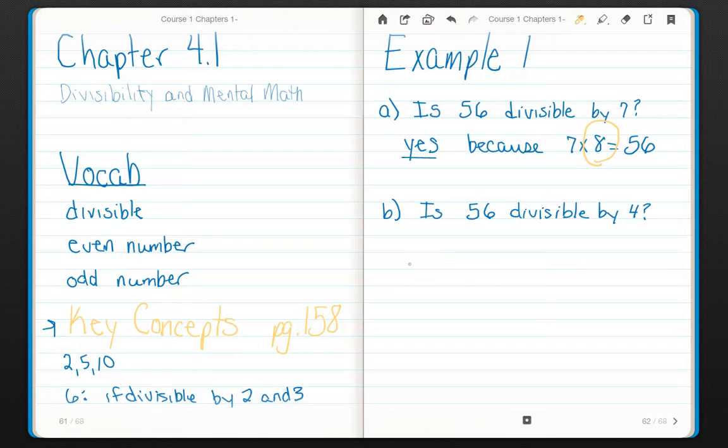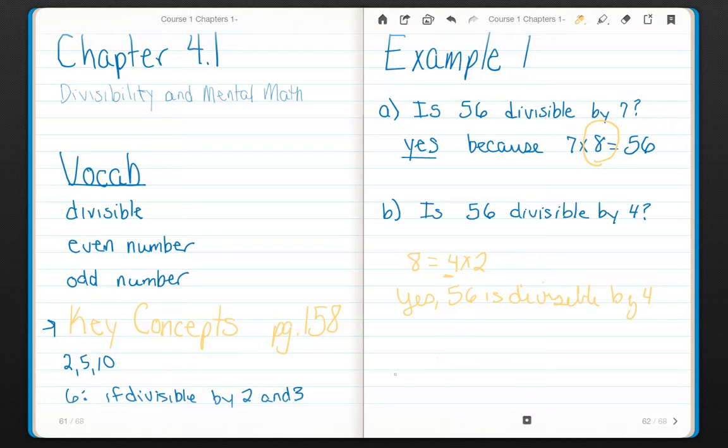Because 56 is divisible by 8, and 8 equals 4 times 2, then yes, 56 is divisible by 4.